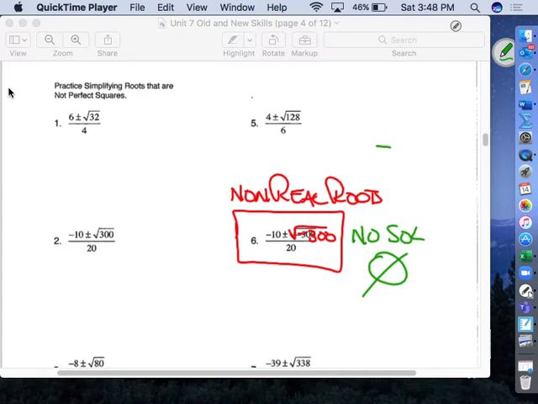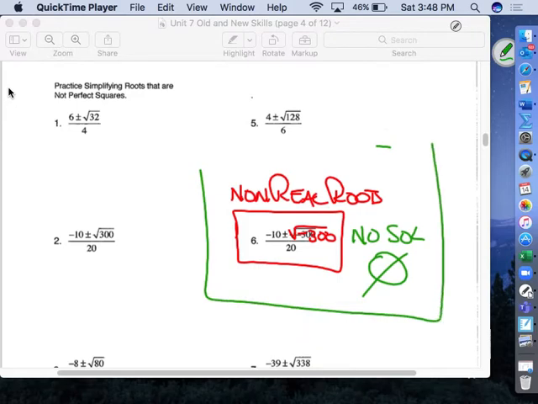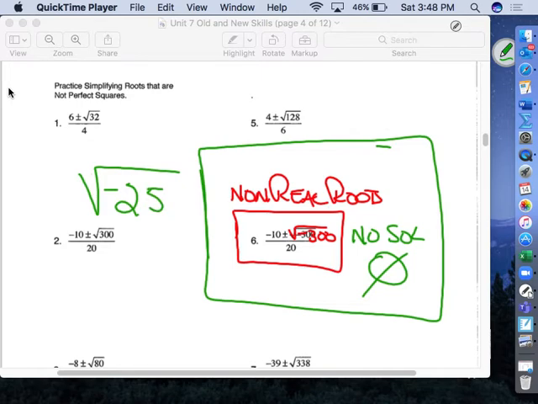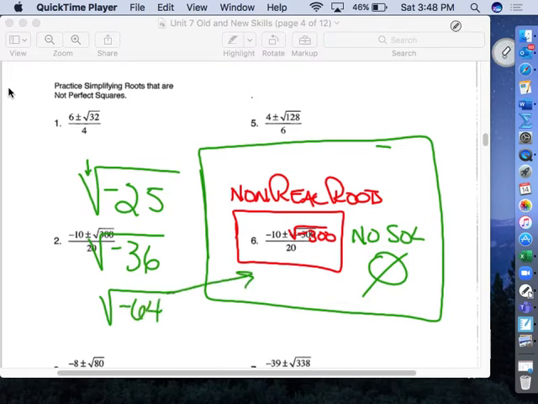This is beyond the scope of our course. This is a topic that you'll study when you study imaginary numbers in a higher level course. But for us, in the world of Algebra 1, if you have a negative number underneath the radical and you're looking for a square root, you would just simply say no solution, non-real roots.